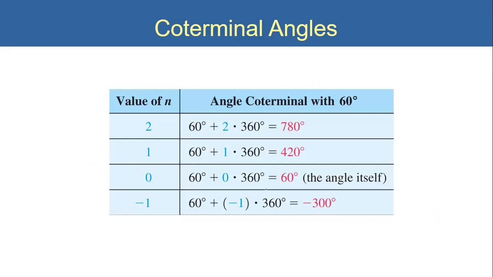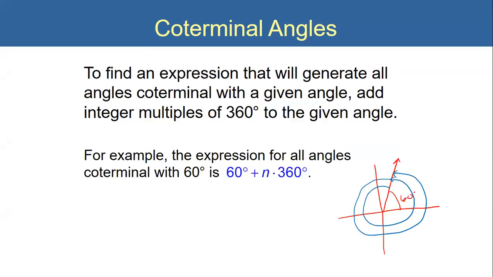Okay, so if my N is 2 rotations, 1 rotation, or if I went reverse, could I easily just plug that in and find any coterminal that I need from that value between 0 and 360? Does that make sense? This is going to change, but this is the rule that you're following every time.